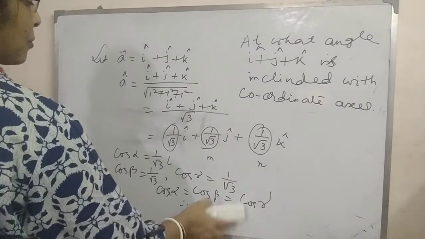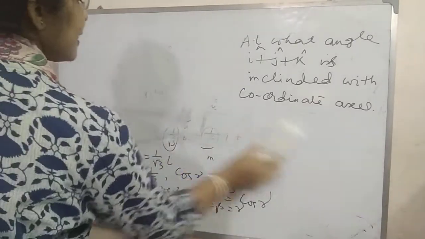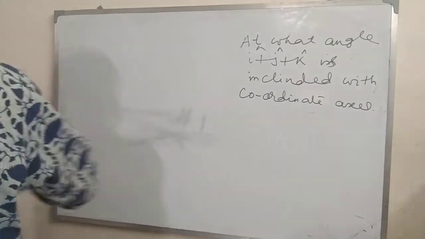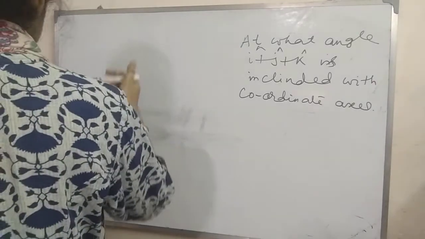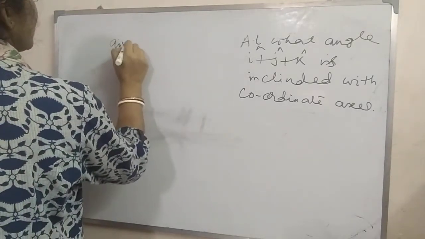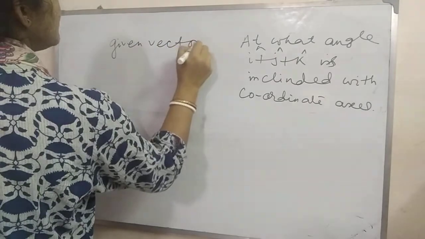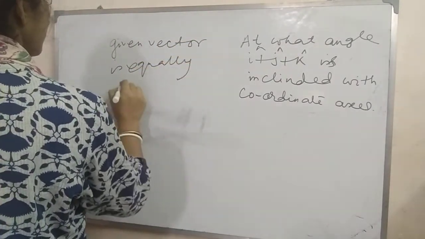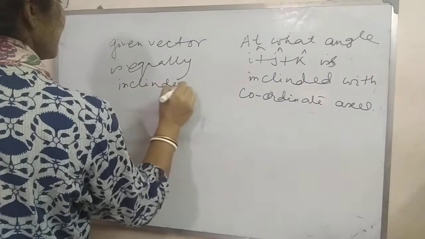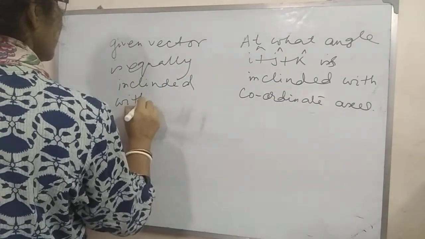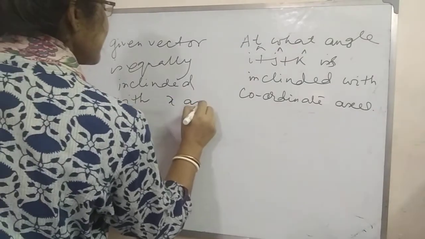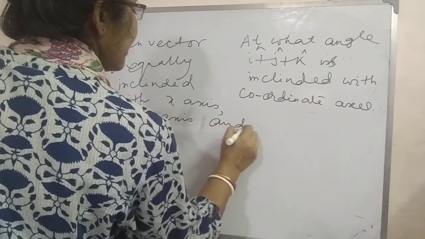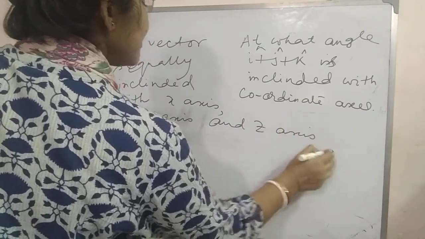Since alpha equals beta equals gamma, I can come to the conclusion that the given vector is equally inclined with the x-axis, y-axis and z-axis. Okay.